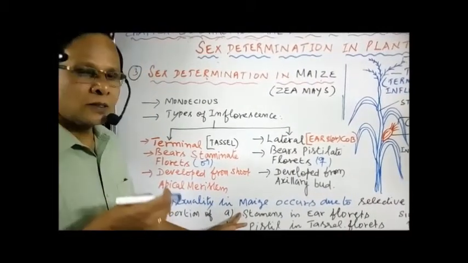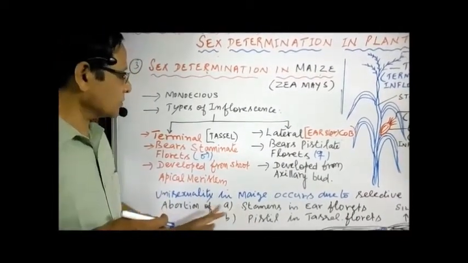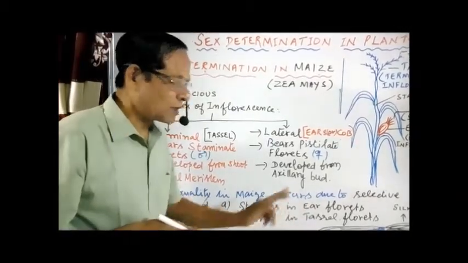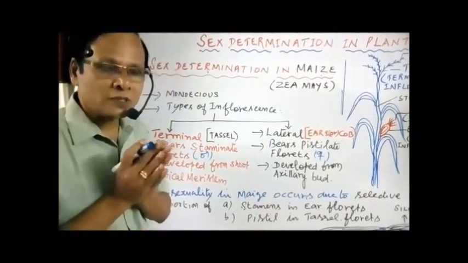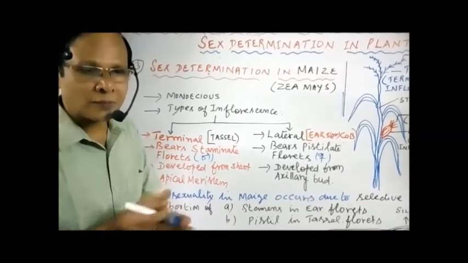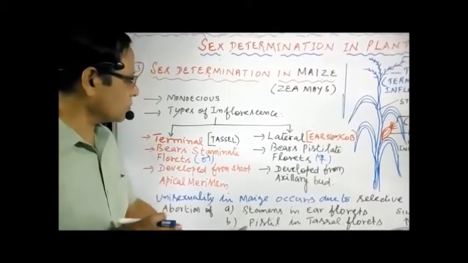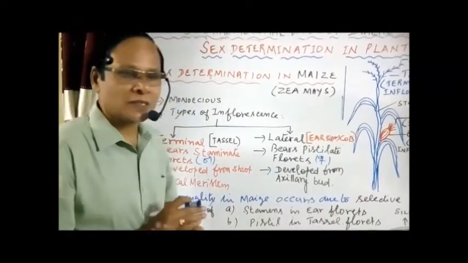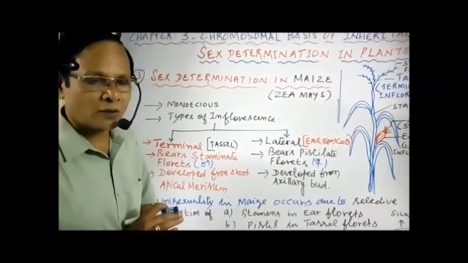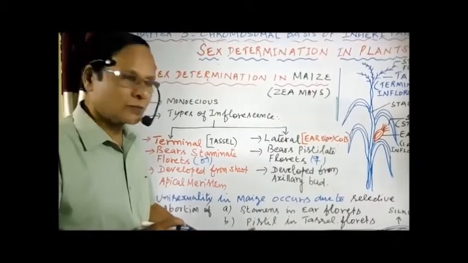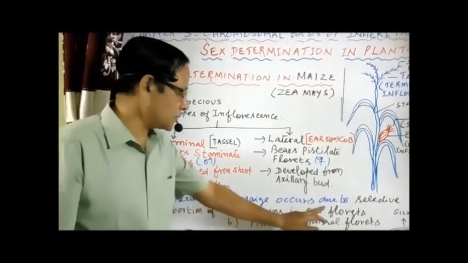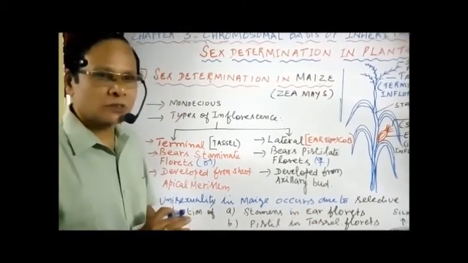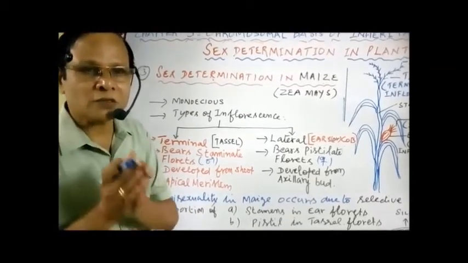So selective abortion of stamens in ear flowers means they have only the pistillate flowers and no stamens form. Or because of the abortion of the pistil in tassel flowers, because the tassel flowers contain only the male organ, the stamens, so the pistil is aborted here, and in the case of ear flowers, the stamens are aborted. So that's why the maize plant is unisexual.